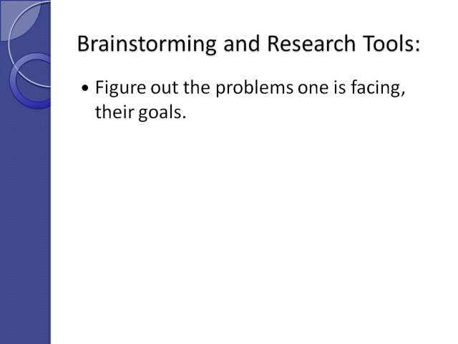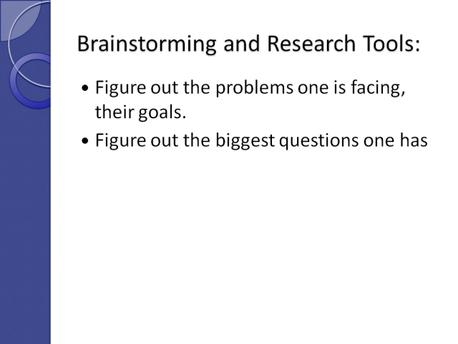So the first thing you need to do is figure out the problems that one is facing and their goals. Now, how do you do that? Well, there are different ways that I go about doing this. What I normally do is I think of different ideas, and then I figure out the problems that somebody faces inside that niche. So you've got to understand who you're talking to.